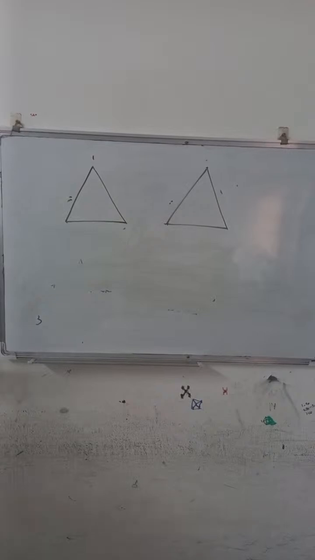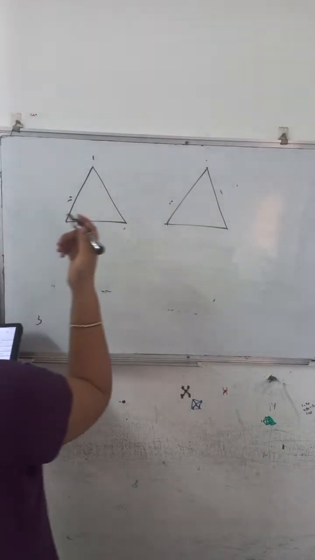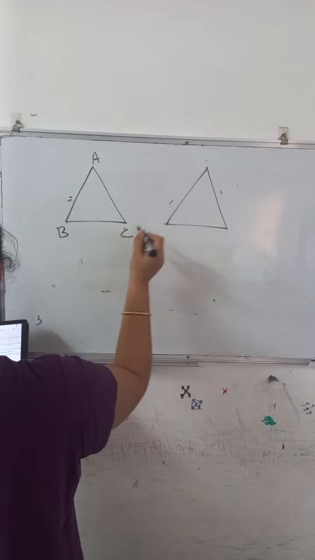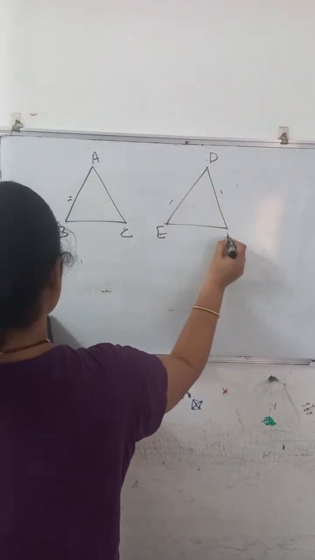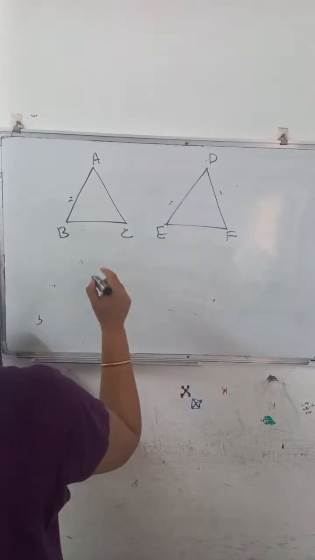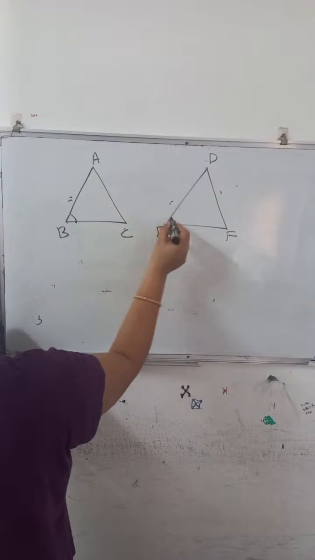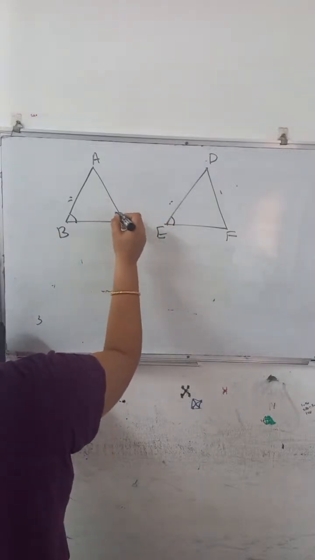First option, write down, congruent but not similar. Second option, they are similar but not congruent.